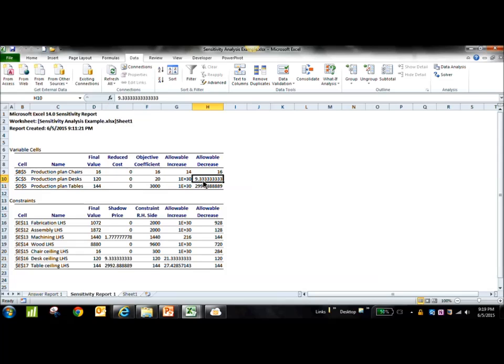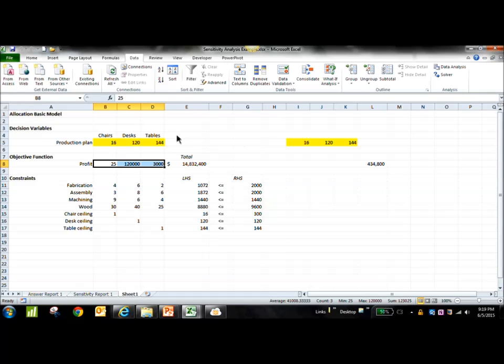Let's do one more example, but this time we're going to decrease this much lower than the allowable range for decrease, which means instead of going down to 10.77, I'm going to go all the way to maybe 5. Let's see what happens.